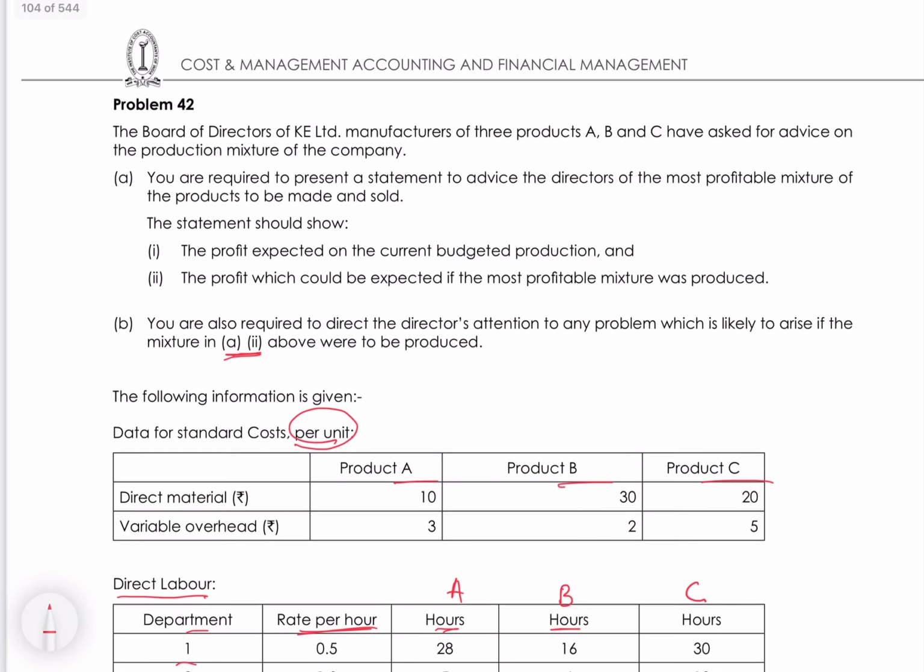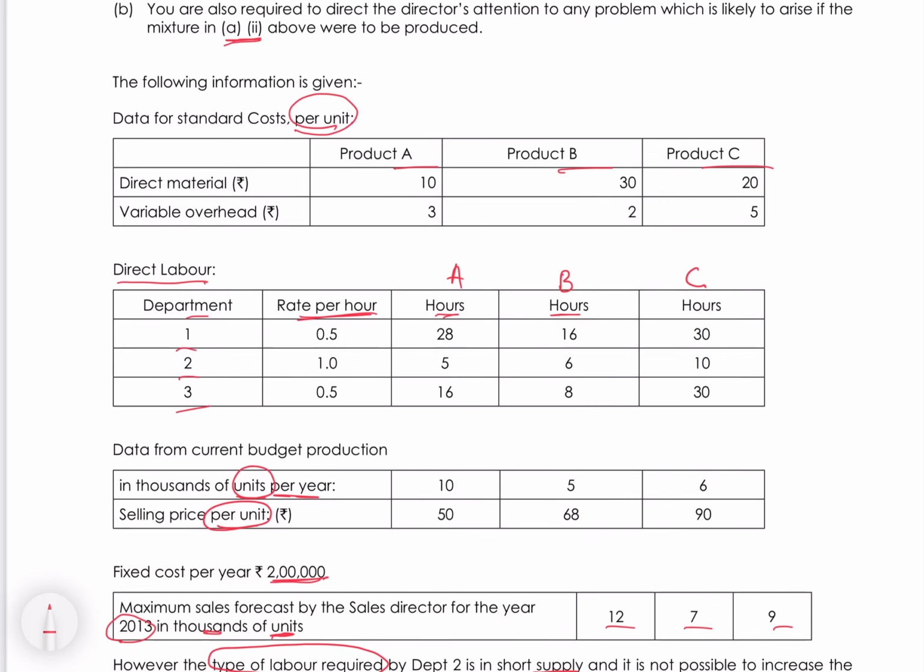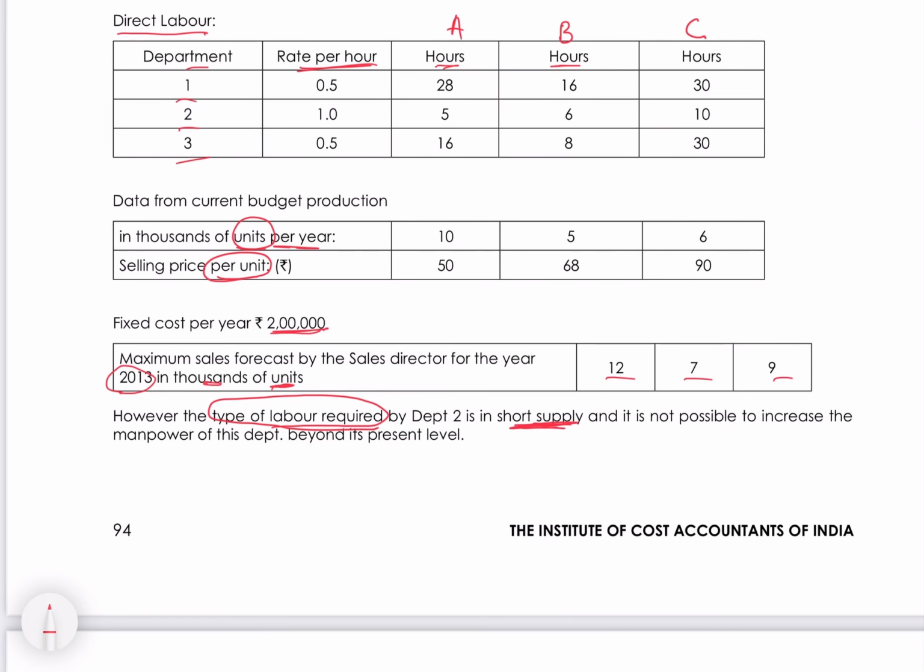So, we have to find the best profitable mixture of the products that will make us maximize our contribution. So, we will rank the product which is giving the highest contribution to the least contribution giving product.